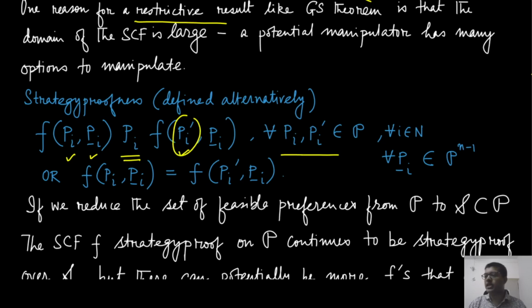What can happen? Either they prefer the current outcome to any other outcome, or the outcome might not change at all. In these two cases, we will call this mechanism strategy proof.